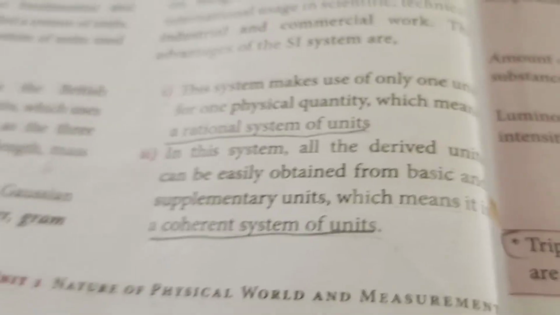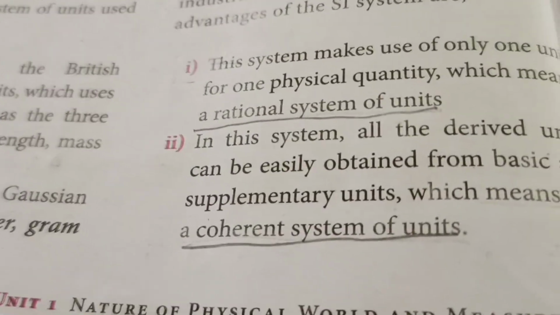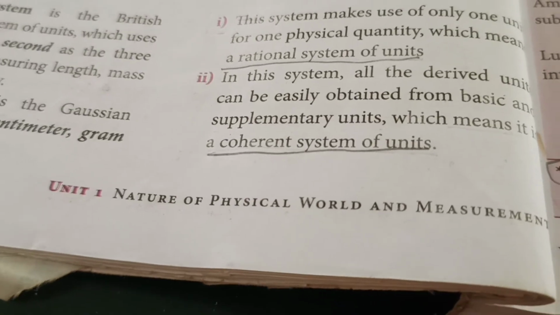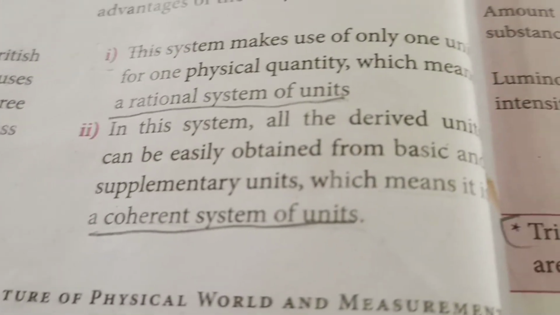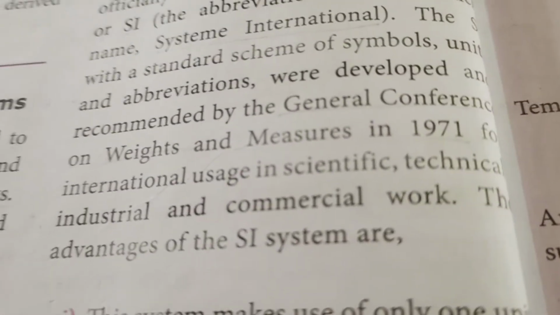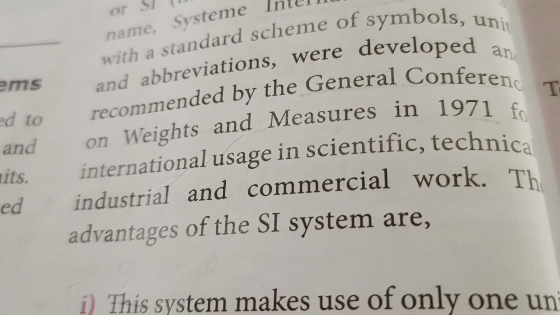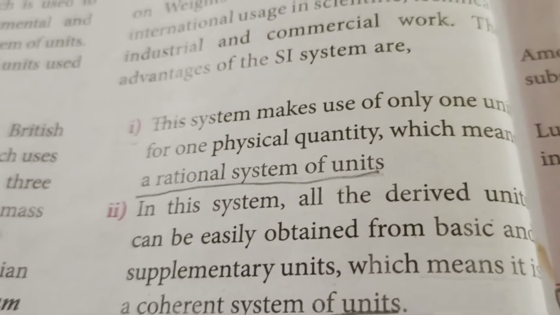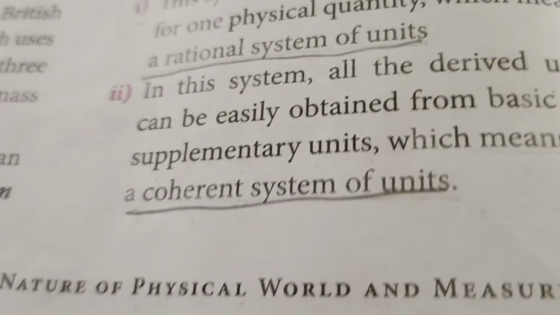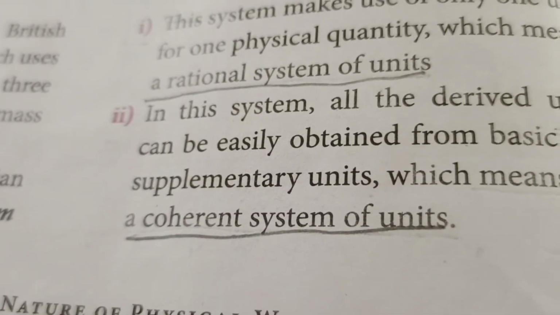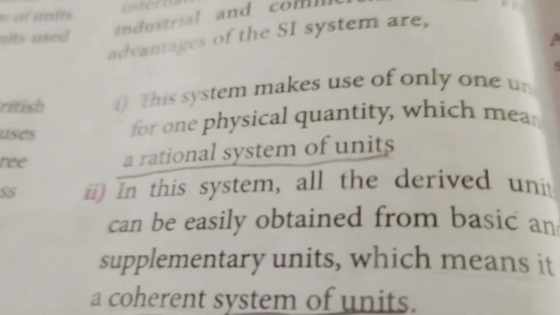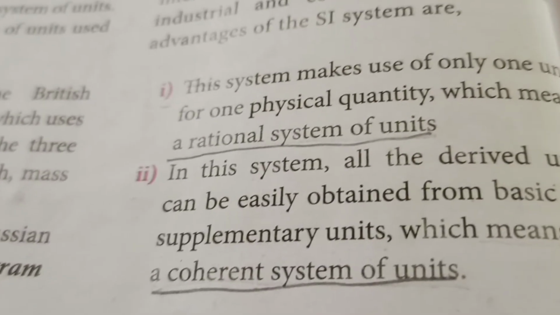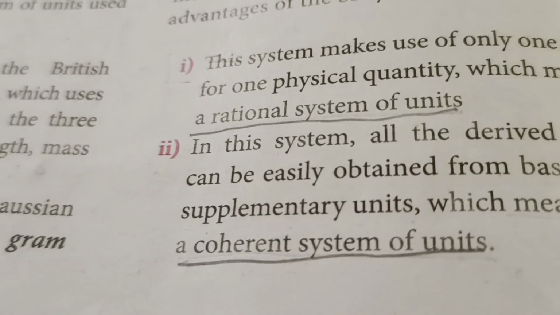The special features of the SI system are that it is a rational system of units, a coherent system of units, and its multiples and submultiples can be expressed as powers of 10. These are the advantages of the SI system.